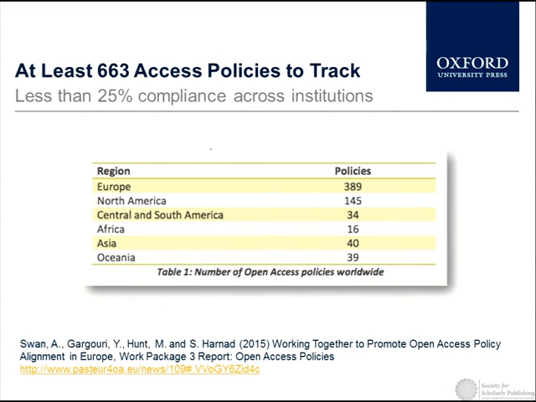A paper that came out recently lists the number of policies that they could find as 663, and that's a lot of policies to handle if you're a librarian tasked with keeping your institution, your authors, your researchers in compliance, or if you're a journal publisher and you really want to make sure all of your authors' best interests are being served.